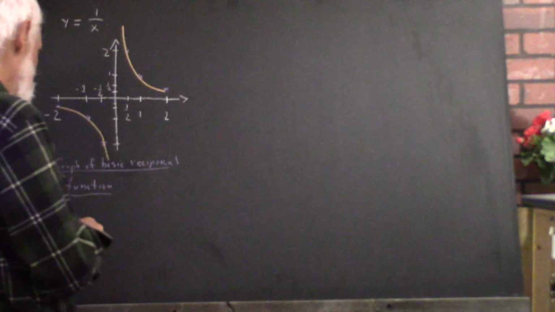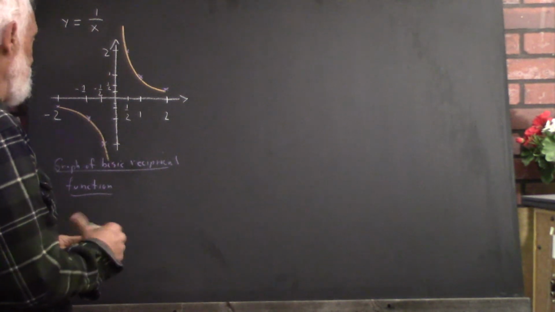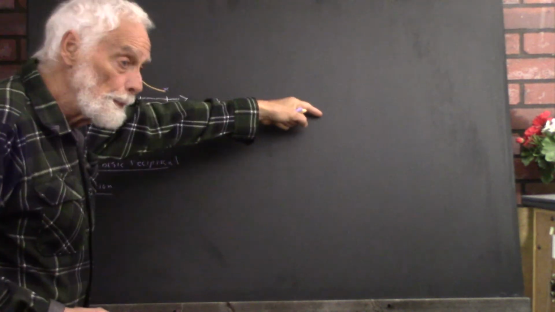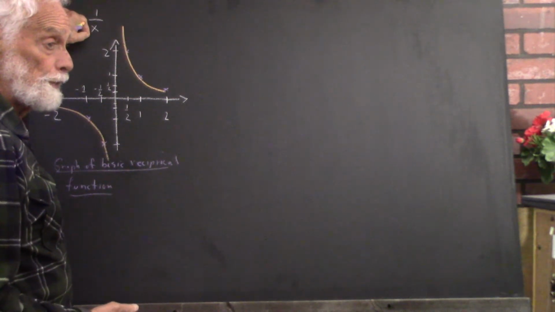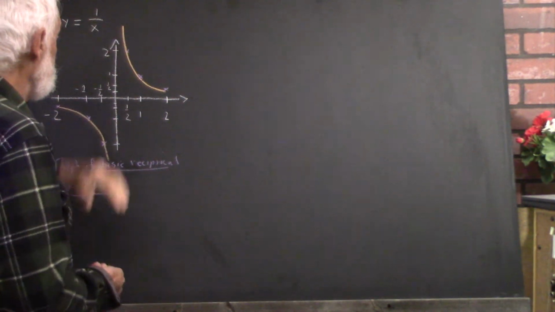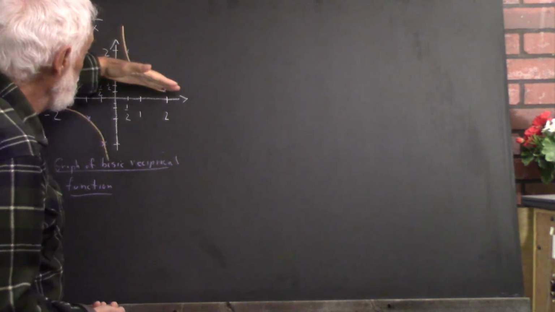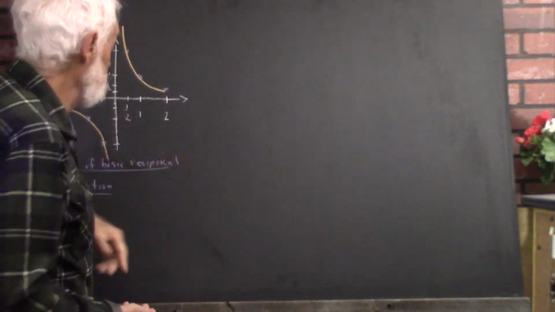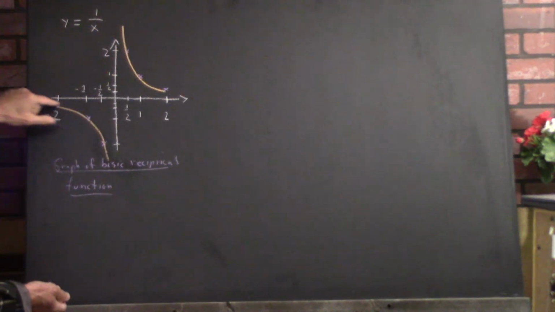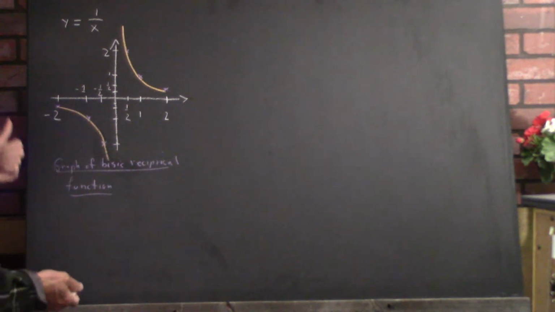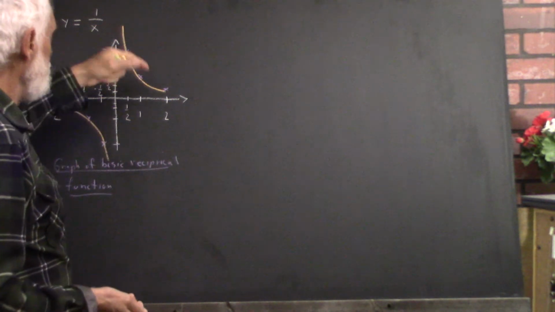Well, that's not quite right, as we'll see, because if you divide by larger and larger numbers, the reciprocal gets smaller and smaller and approaches 0. So this graph doesn't just level off here at this value, it keeps getting lower and lower and keeps approaching the x-axis, and the same thing over here, approaching the negative x-axis as you move to the left. So we don't want to be careless in graphing this thing.